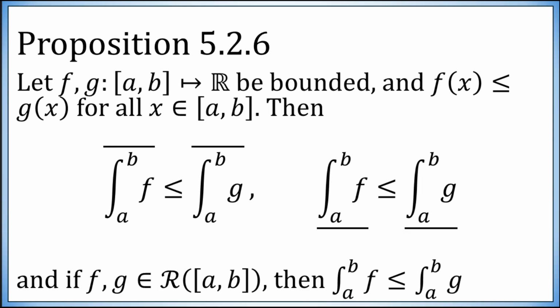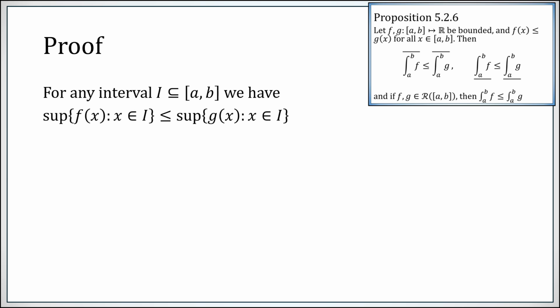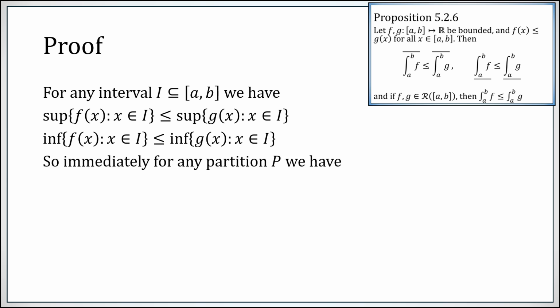As always, we have to look at the proof. Now for any interval which is a subset of the domain from a to b, pointwise, f of x is less than or equal to g of x, so the same inequality holds for both the supremum and the infimum over any particular interval. So for any partition, those inequalities hold on every piece of the partition. So I can then get those inequalities for the lower and upper sums.